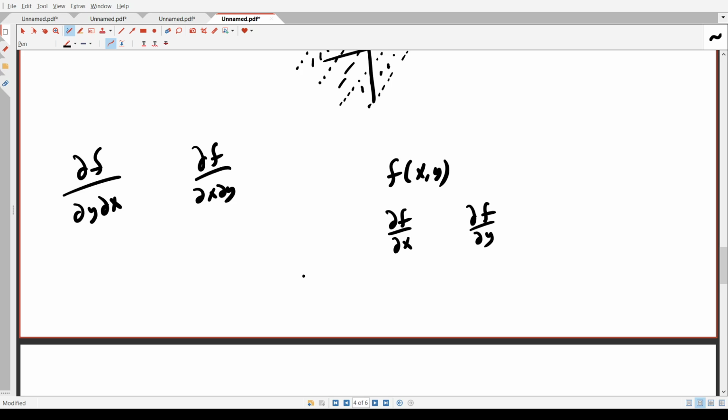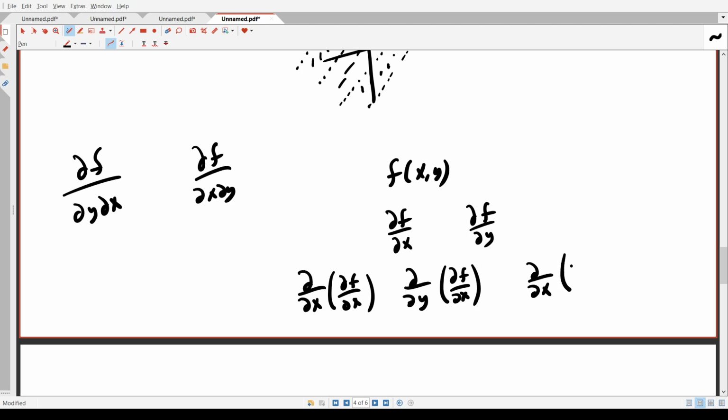I could do the x derivative of the x derivative. I could do the y derivative of the x derivative. Or over here for the y derivative, I could do the x derivative of the y derivative. And then my other option is I could do the y derivative of the y derivative.